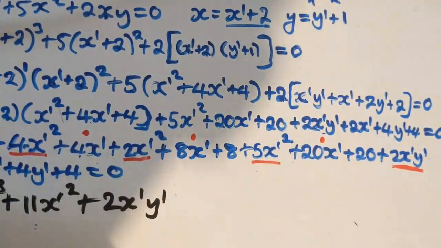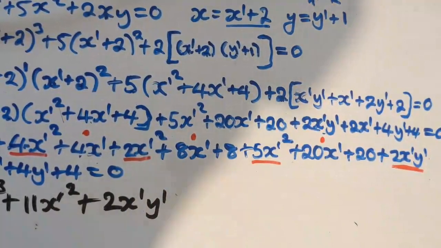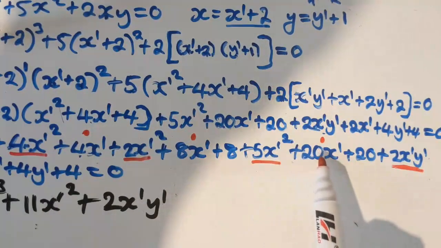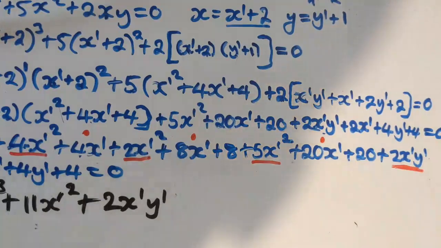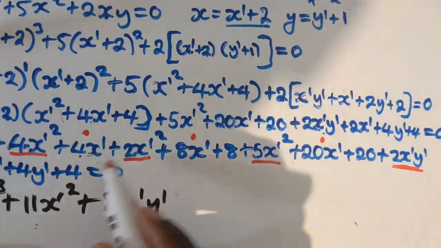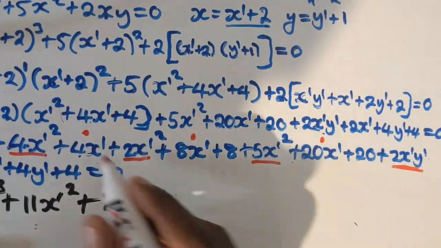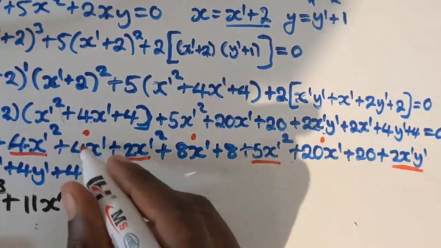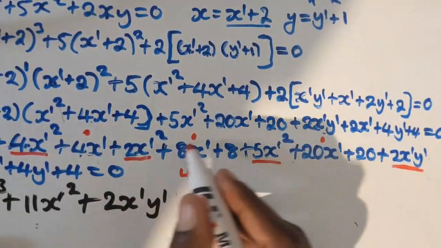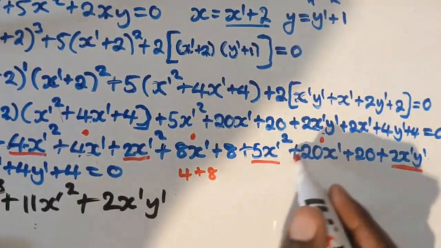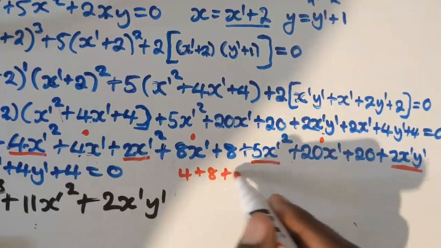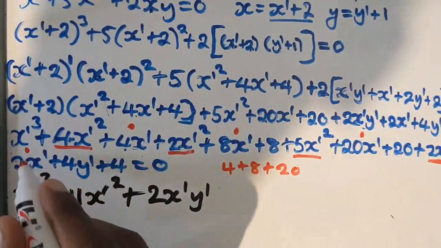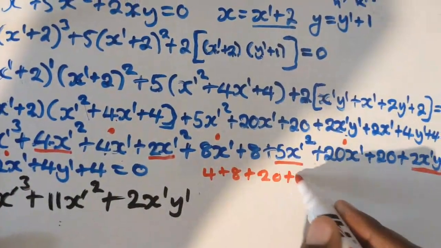Then these ones that I've marked, there is 4, there is 8, there is 20, there is 2. So you just have to add them, because they are positive and the negative, they just have positive. So this is positive, so meaning that it is just 4. We have 8, so plus 8, we have 20. Coming, we have 2 here, we have 2 here, so we say plus 2.